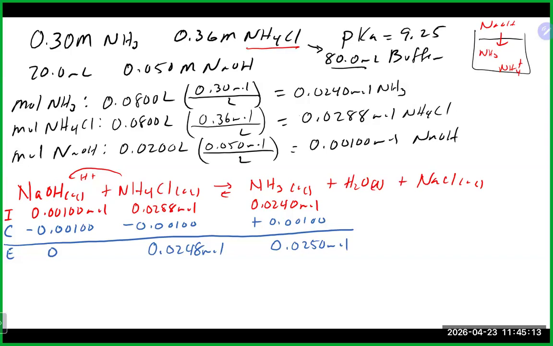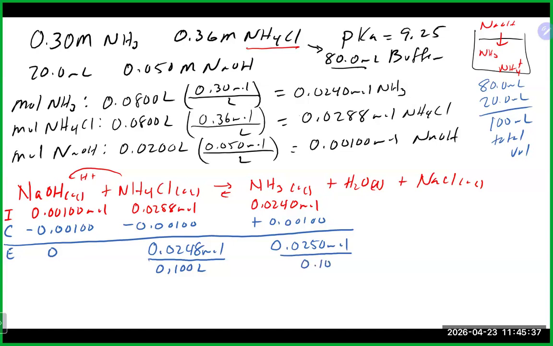We can now look for our total volume, which obviously we had 80 milliliters of our base buffer, and we added 20 milliliters of our base. That's going to give us a grand total of 100 milliliters as our total volume. That is what we're going to convert everybody back into molarity by dividing it by the liters, which would be 0.1 liters if you converted 100 milliliters into liters.